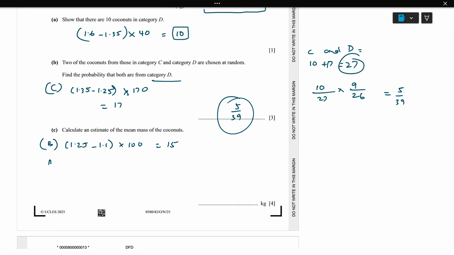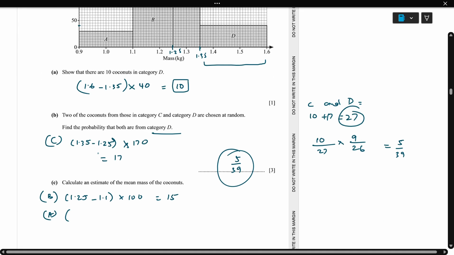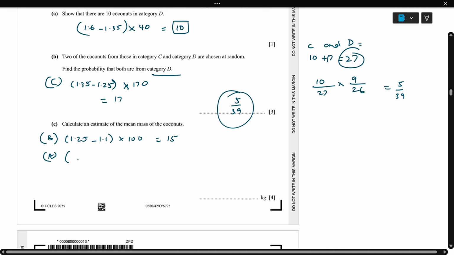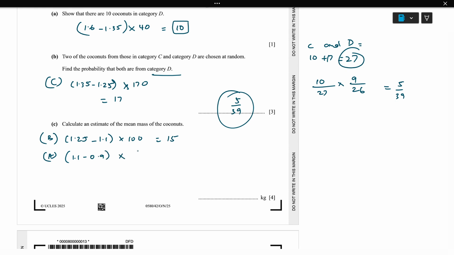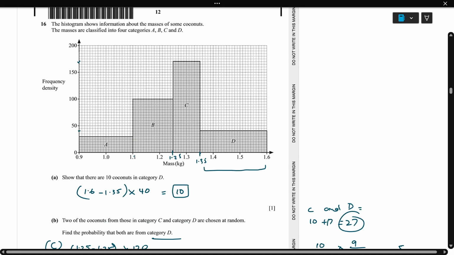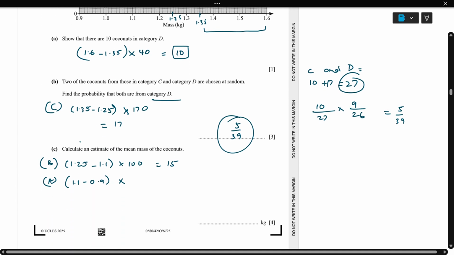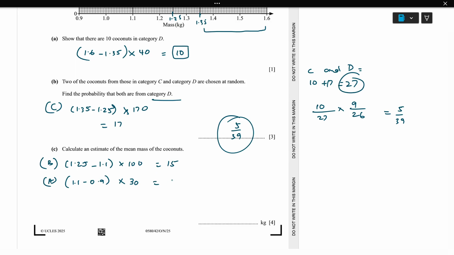Next is A also. A is 1.1 minus 0.9. So 1.1 minus 0.9 times the height, which is 10, 20, 30. The width times height is going to be 6.